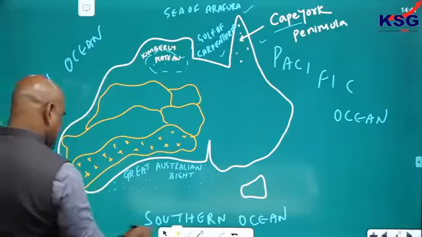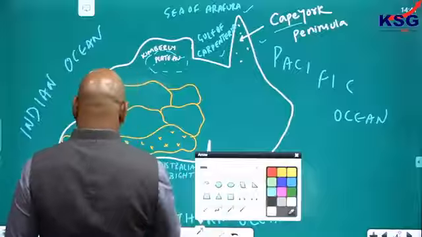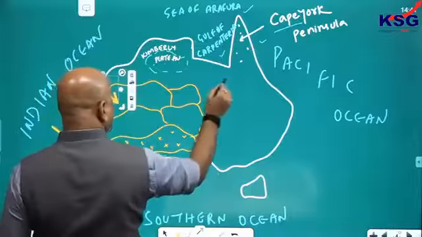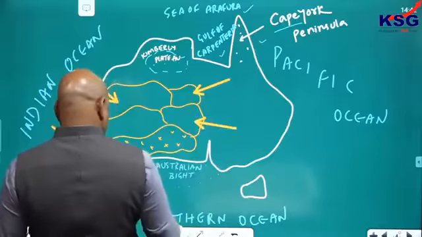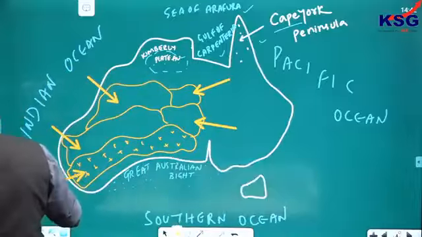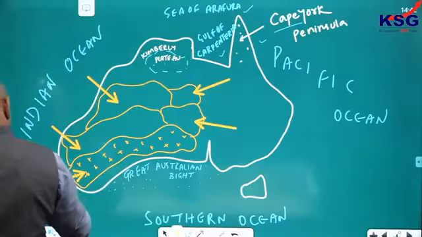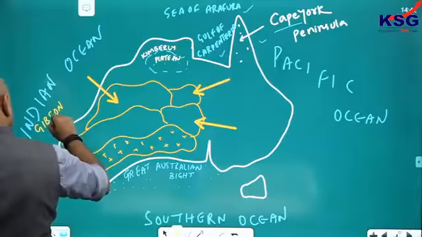This is the desert which is popularly the Great Victoria Desert. This one is the Gibson Desert.